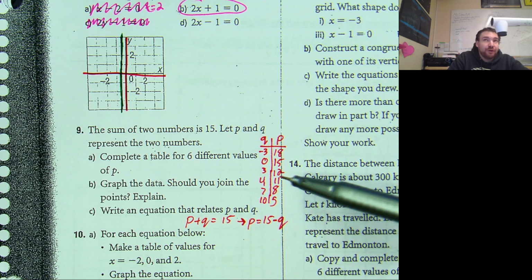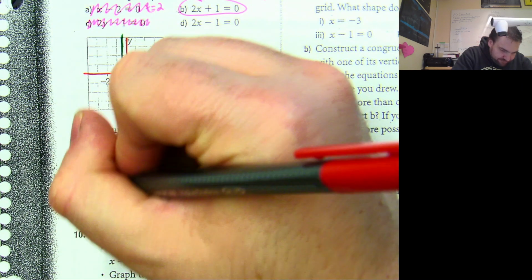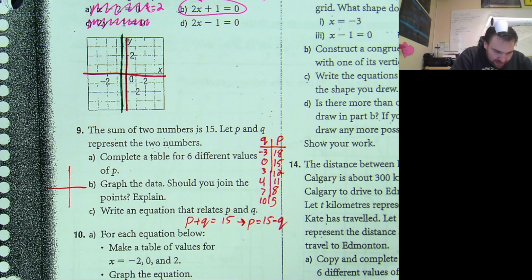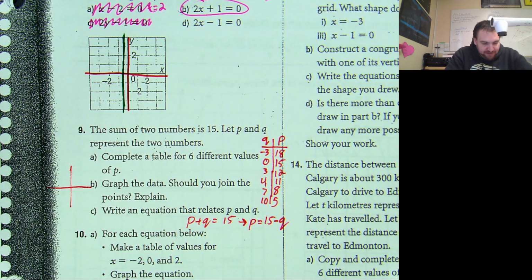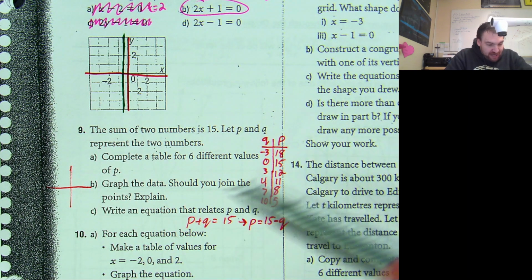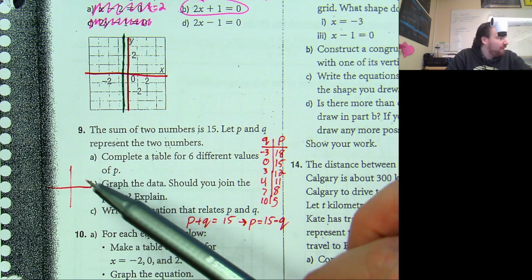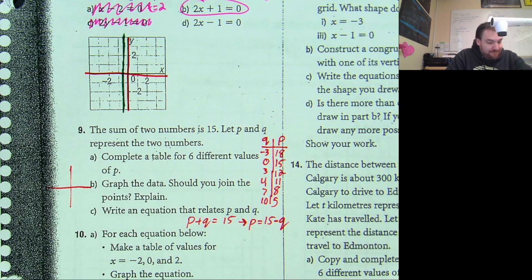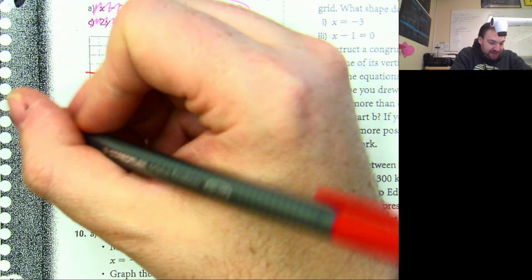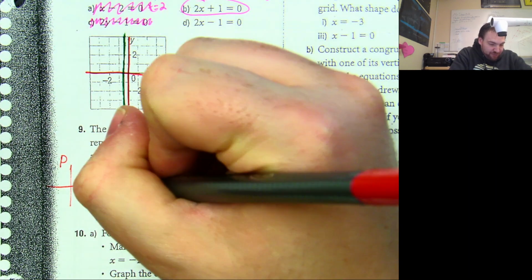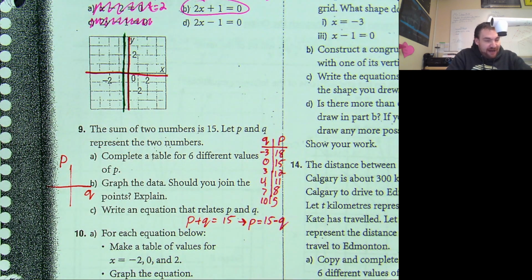And then you get a graph. The question then, so graph the data. It's going to look something like this. Where's my y-intercept going to be? Which line is going to be P and which one's going to be Q? P is the vertical axis, which makes Q the horizontal axis. Where's my P-intercept going to be?